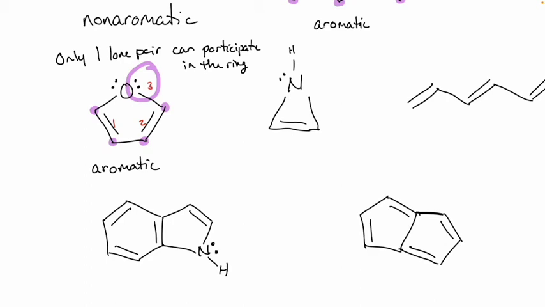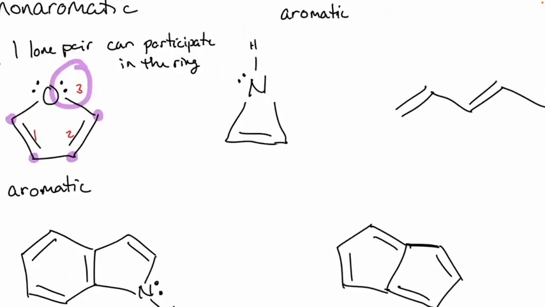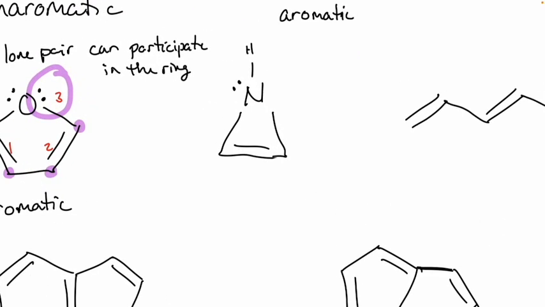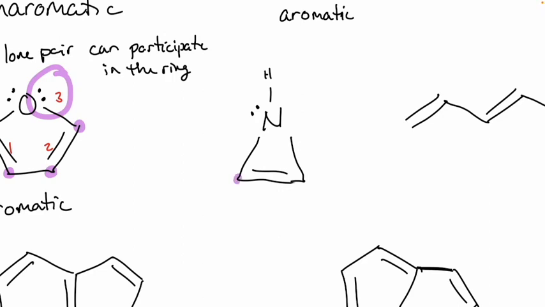But again, it's just like nitrogen or the carbanions that we saw. It gets to decide whether or not it wants to put the pair in the ring, and it's only going to do so if it makes that ring aromatic. All right, so now we have a similar situation here where these are conjugated, but then we've got to ask ourselves, is that pair of electrons going to want to participate in that ring?